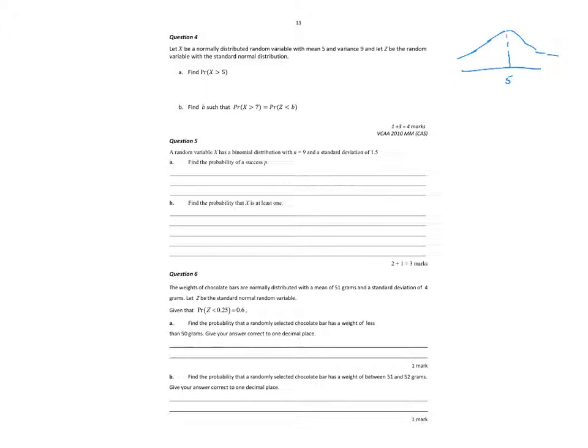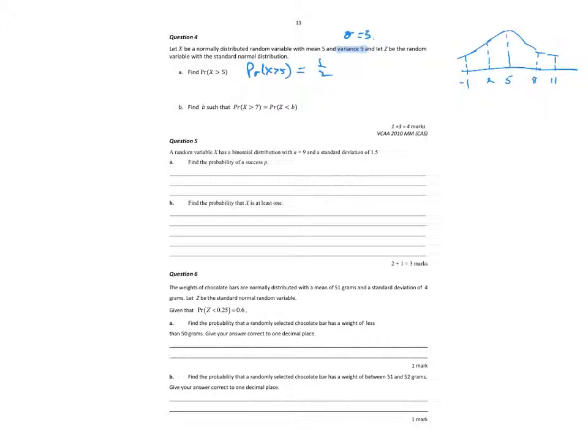So we haven't seen one of these just yet. Variance of 9. So that means the standard deviation is 3. So the mean is 5, 1 standard deviation, 2 standard deviations, 1 standard deviation, 2 standard deviations. The probability that X is greater than 5, well, that's just a halfway mark, isn't it? So that's simply a half.